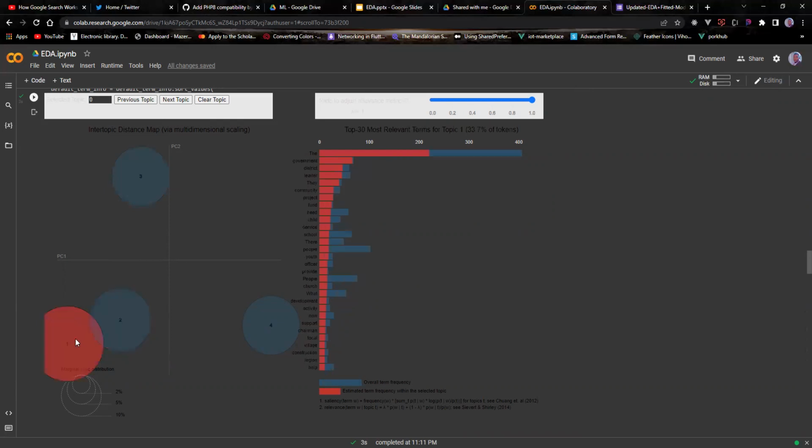It also shows you the similarity between topics. As you see, these two topics are overlapping, which means they are quite similar. So 3 and 4 are very distant, which shows that they are not so similar, so they are quite unrelated. That's why they are very distant.